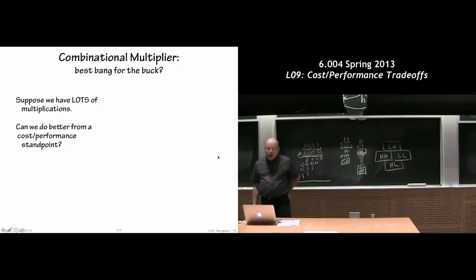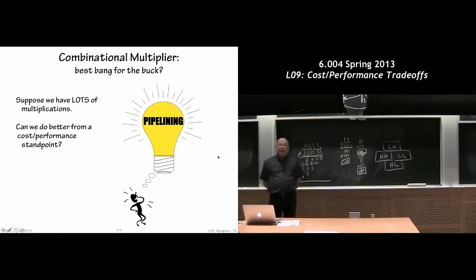Can we do better from a cost performance standpoint? In other words, can we get better performance? Rather than getting a throughput of 1 over n, can I get better throughput? Or maybe I can use less hardware. Those are the things we're going to think about.